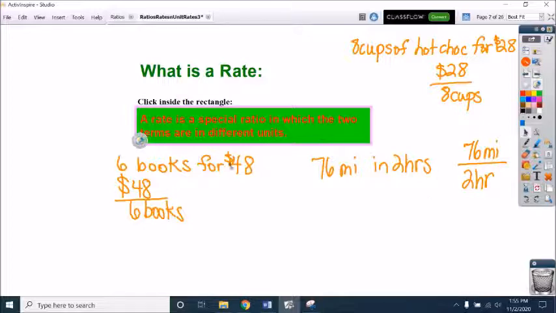But here I'm comparing money to books, or miles to hours, or again, money for cups. So that means that I have to make sure that I have the units for these. So again, a rate is a special type of ratio that introduces different types of units for that.